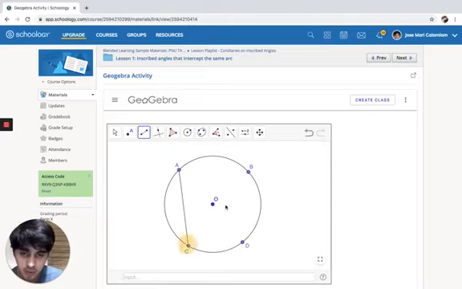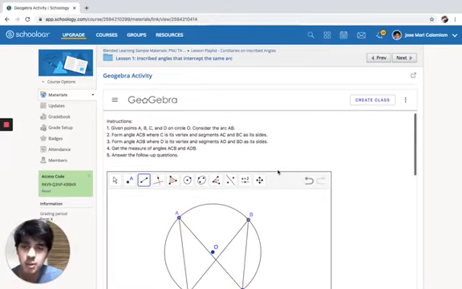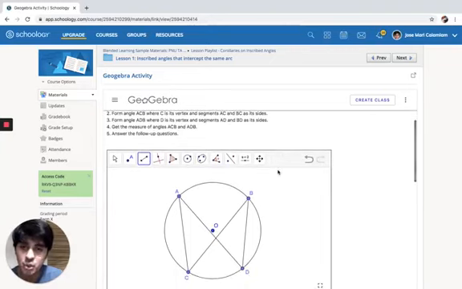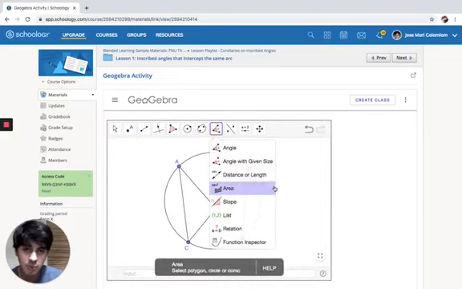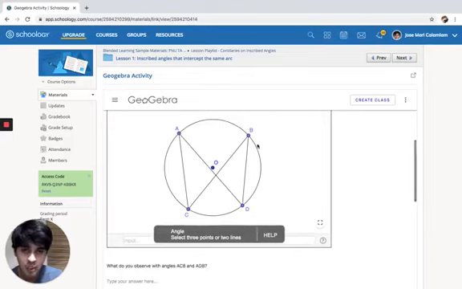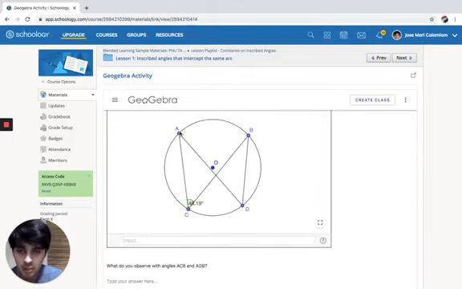So we have ACB and ADB. Given angles ACB and ADB, they will measure the 2 angles and then answer the follow-up question. Let's start first with ACB. ACB has 46.19 degrees, and ADB will also have 46.19 degrees.